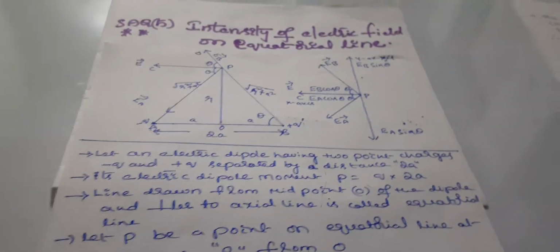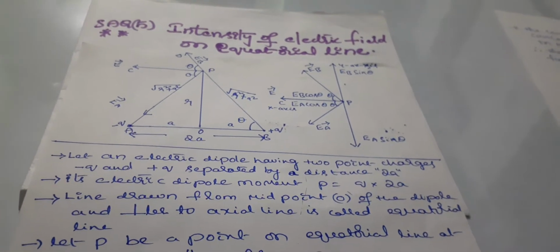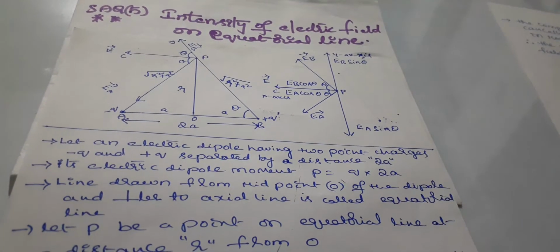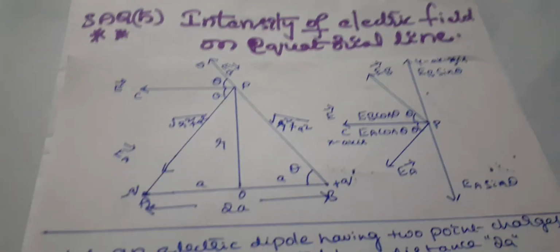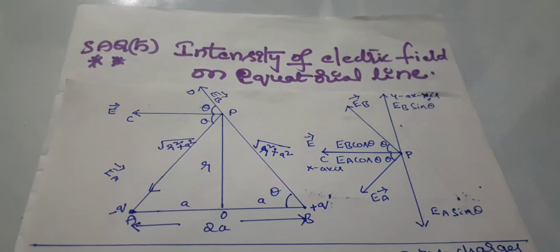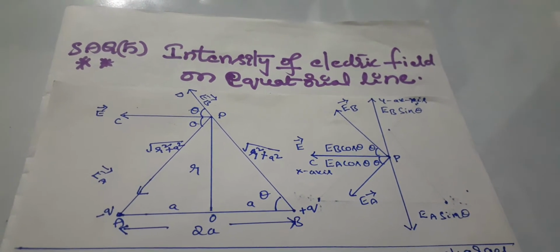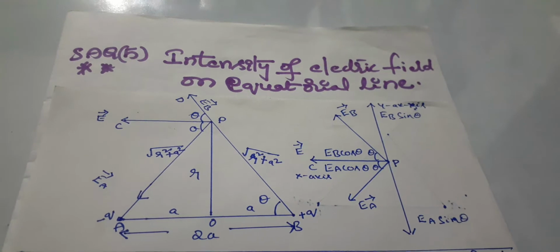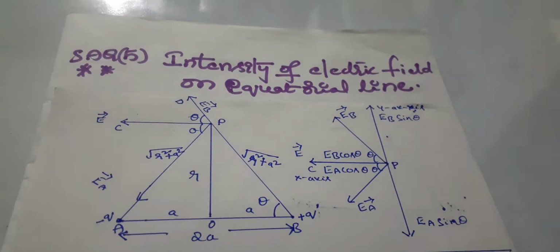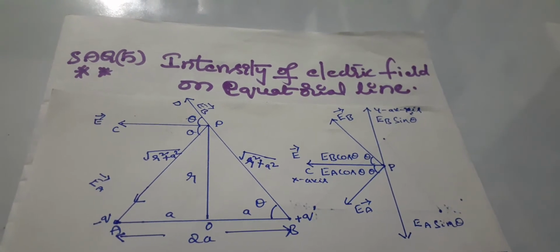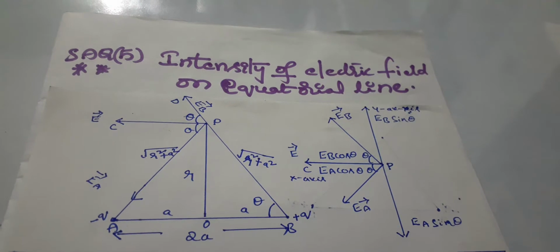Now you can see from the figure, students, the intensity of the electric field at P due to plus q is acting in the direction PD, that is denoted by E bar B. So the intensity of the electric field acting at P which is caused by plus q is acting in the direction PD. So there E bar B is written.